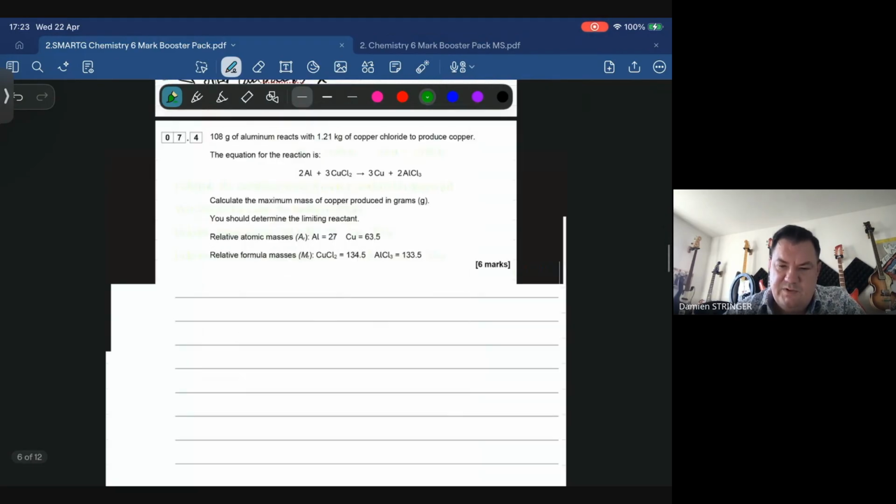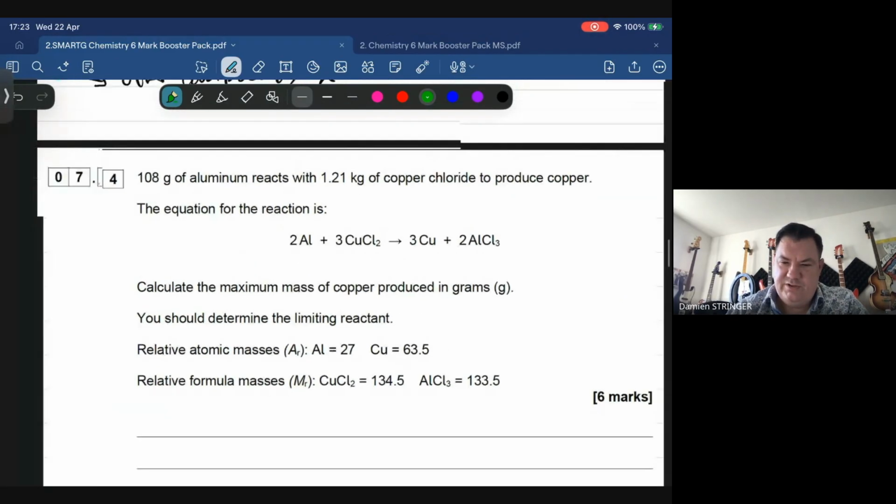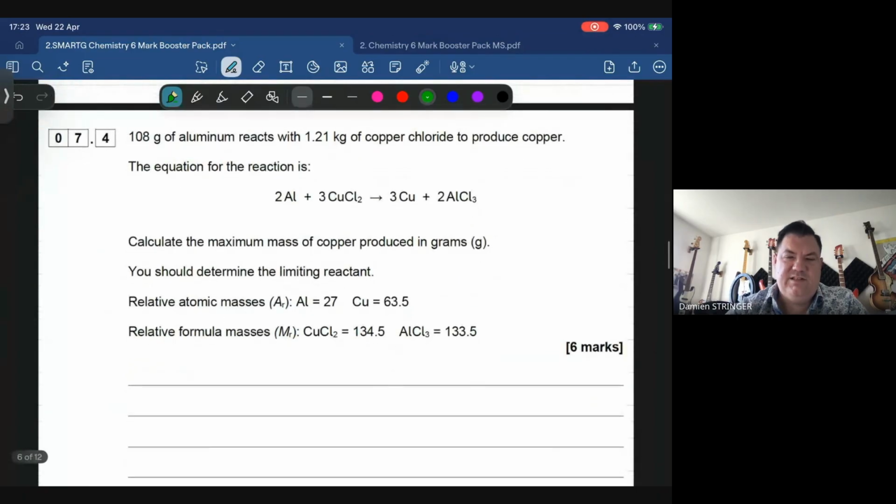Slightly quicker, this one. I'm interested to know just where we're at with these kind of things, because the idea is not to teach it fully, but it is sometimes a topic that people struggle on. So what we have got for this one is 108 grams.